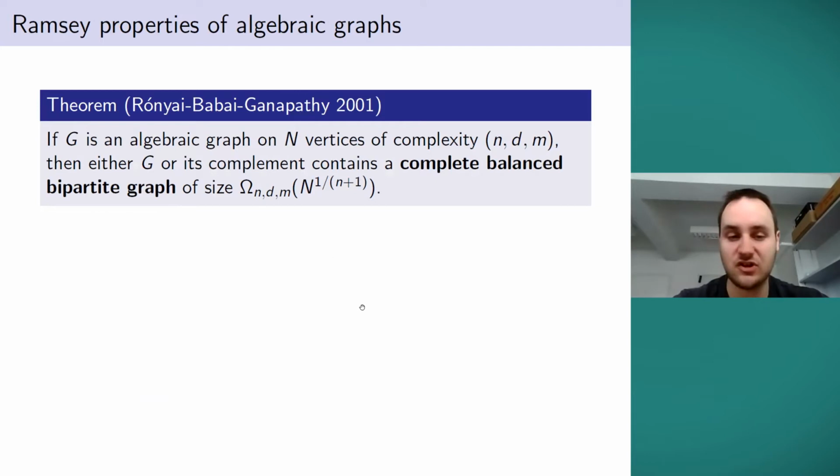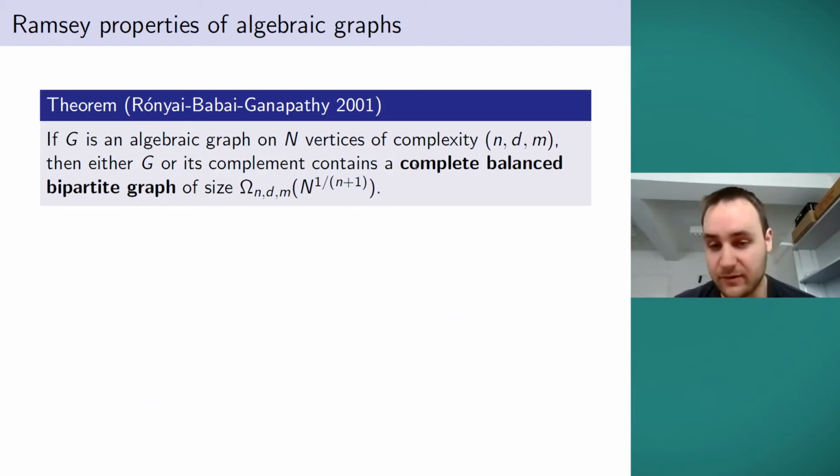Almost the same question was already considered 20 years ago by Rónyai, Babai, Ganapathy. They proved that if we have an algebraic graph on n vertices of complexity n, d, m, then either G or its complement contains a complete balanced bipartite graph of size some constant depending on the complexity times n to the 1/(n+1).